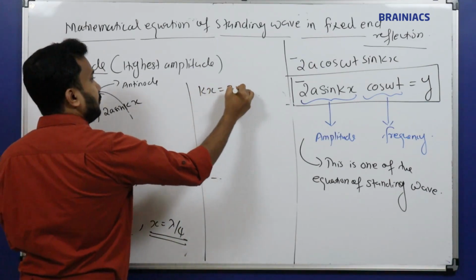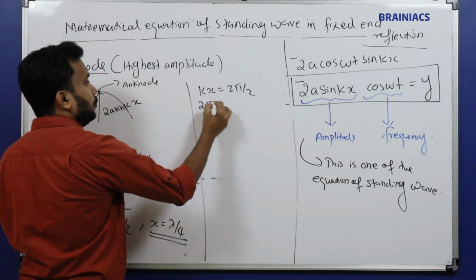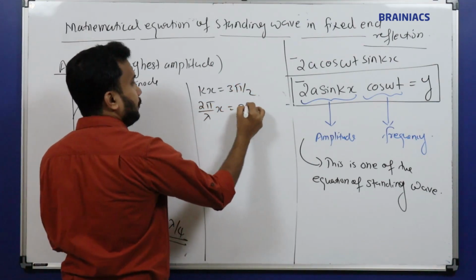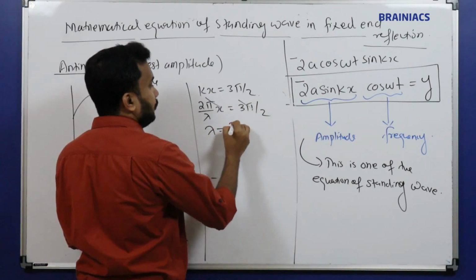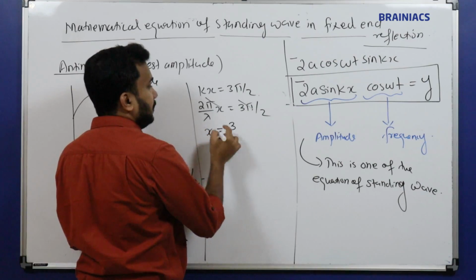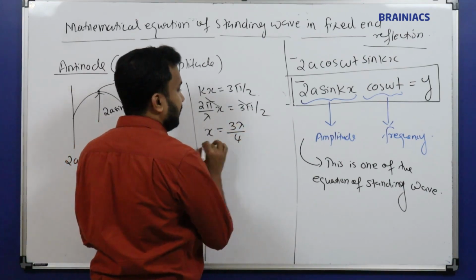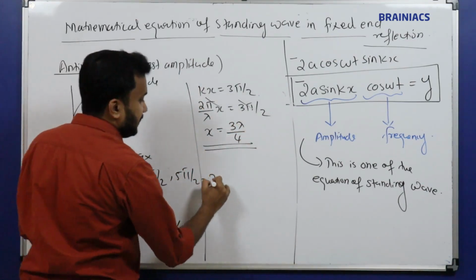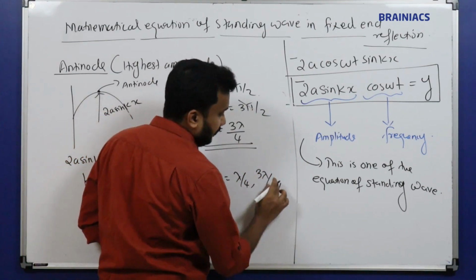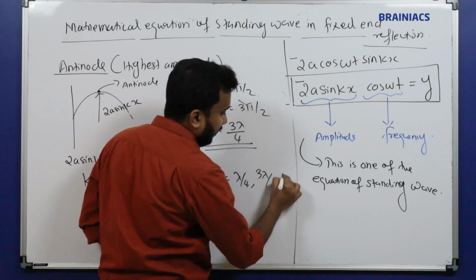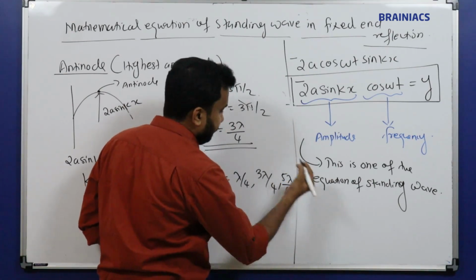So 2π by lambda into x will be equal to 3π by 2. Pi cancels, x will be equal to 3 lambda divided by 4. So x will have values lambda by 4, 3 lambda by 4, 5 lambda divided by 4 and so on.